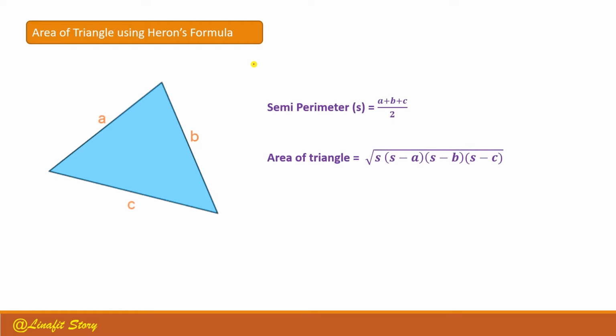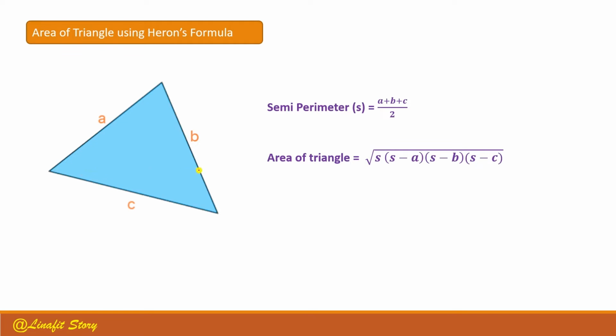So, to use Heron's formula, first we should find the semi-perimeter. Semi-perimeter means half the perimeter of the given triangle, found by adding all three sides and dividing by 2. So the semi-perimeter is A plus B plus C divided by 2.